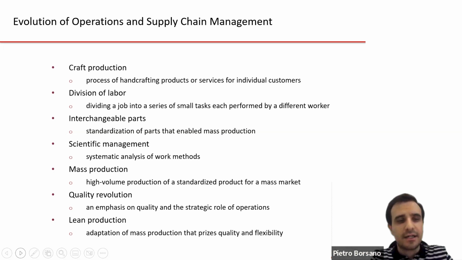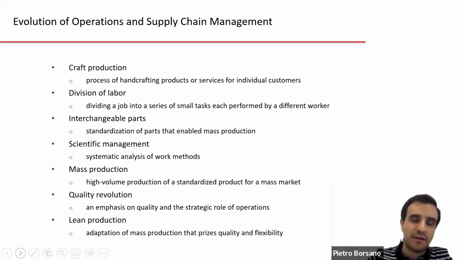In this last part of operations development, which happened in the last roughly 30 years, we've also seen the adoption of new methodologies, many of them first invented in Japan but then deployed globally.